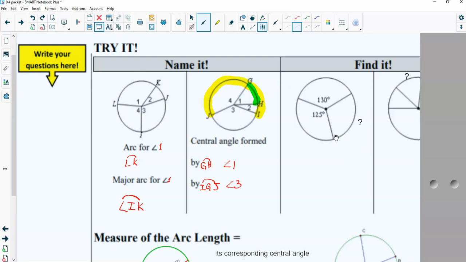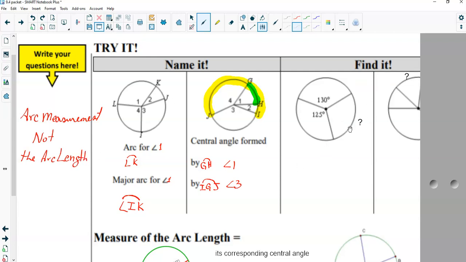But there is a difference between those two, so make sure you write a note. Arc measurement is not the arc length. They are different things, okay?